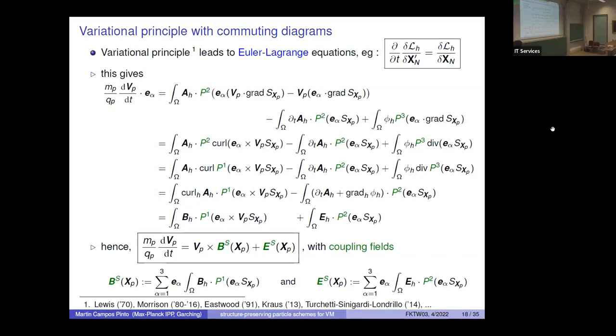But with general P1 and P2 operators and general shape functions, you could have something that is smoother and less localized. This is the expression of the coupling fields in this general framework. And likewise, you would have an expression of the coupling current density, the discrete current density, in this general framework.